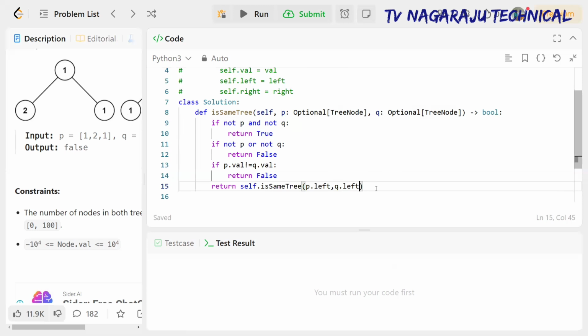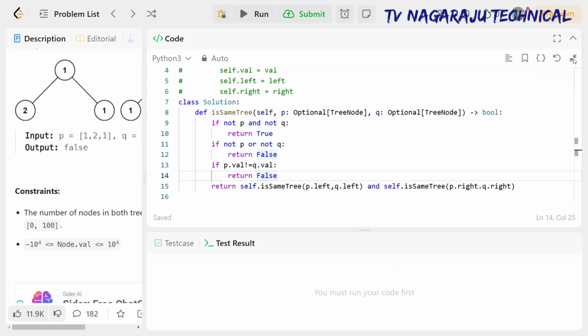Both sides I am moving to the left, and at the same time you need to check the right also: isSameTree of p.right, q.right. So I am returning this one at any one point; either this value or this value is returned.